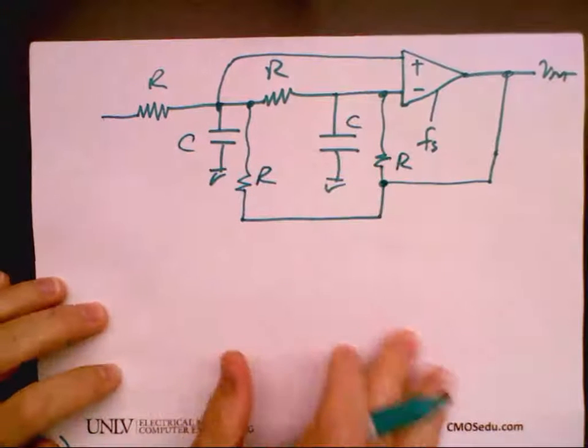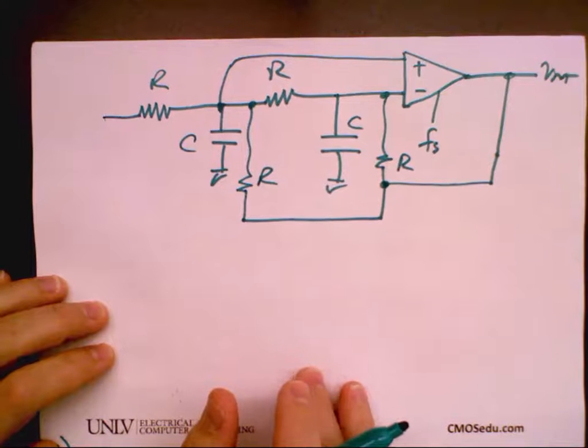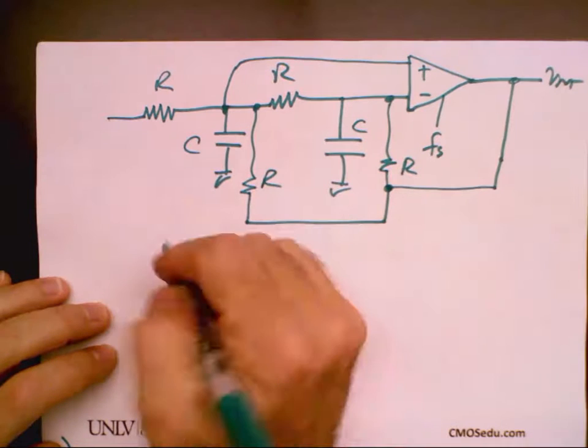Okay. All right, so let's go ahead and write all the currents that go into node V1.